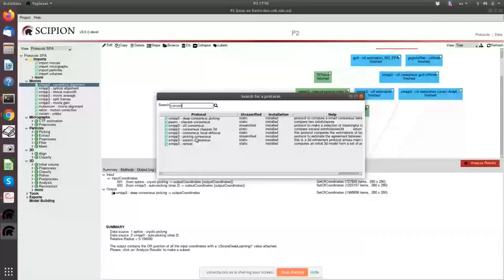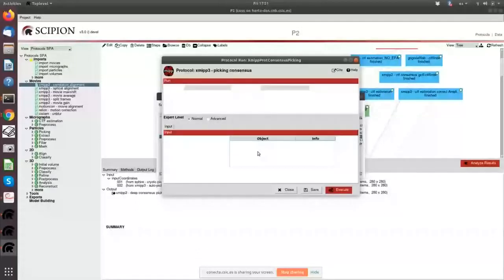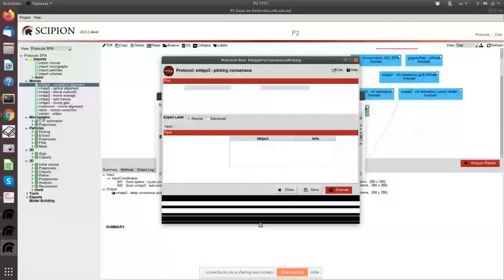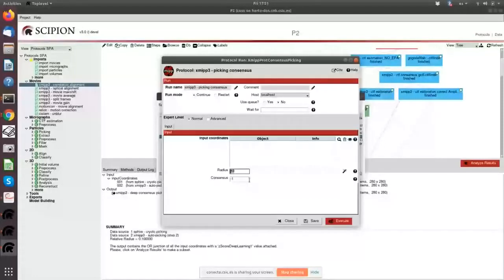So we had the peak consensus, and the peak consensus was relatively naive. All it was checking was that the coordinates were closer than some threshold. So you could take a few picking results, and all those coordinates that were closer than 10 pixels were considered to be pointing to the same particle, or at least the same location.